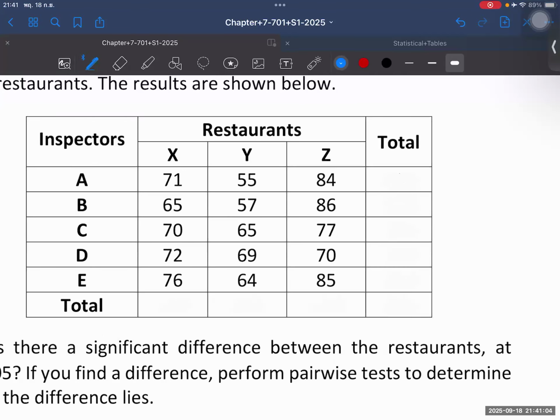Okay, so for the first row, I have 210. Then I get 208. I get 212. I get 211. I get 225 again.